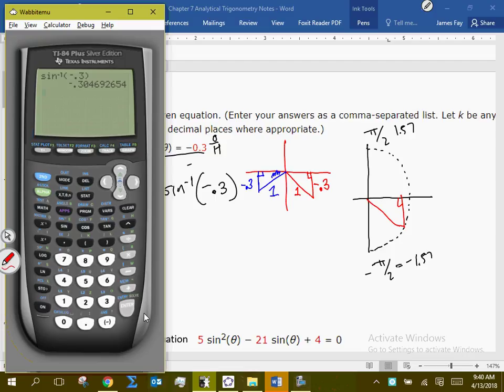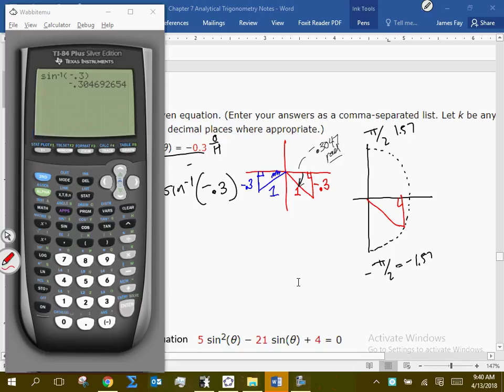It gives me negative point. So this angle, should have drawn this a little bit bigger. That angle right there, they're saying is negative 0.3047 radians.